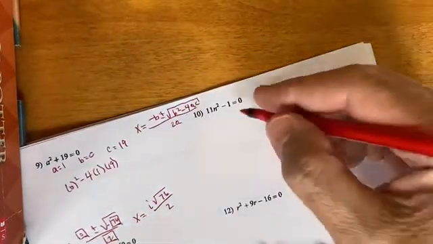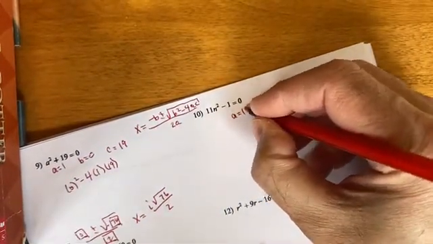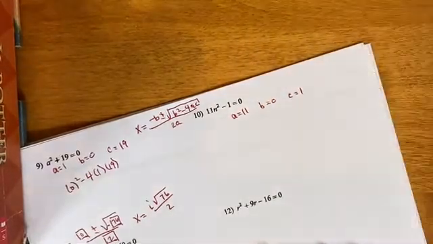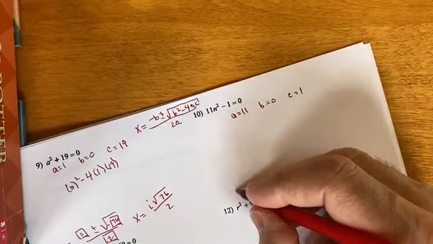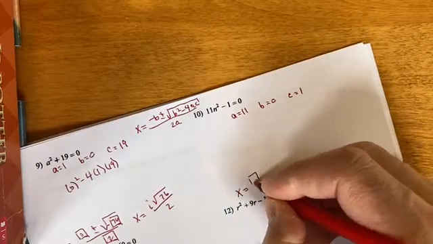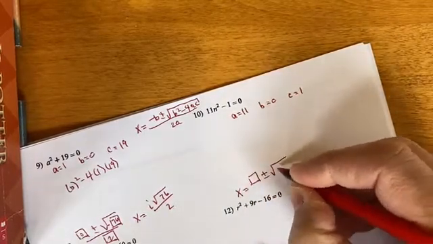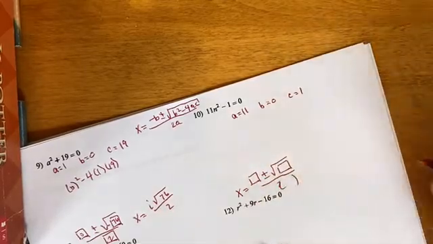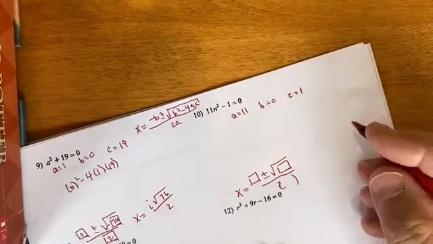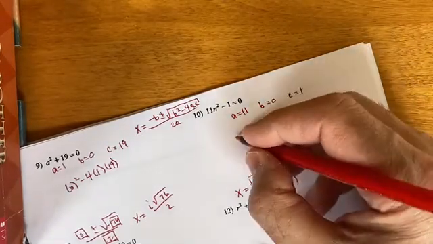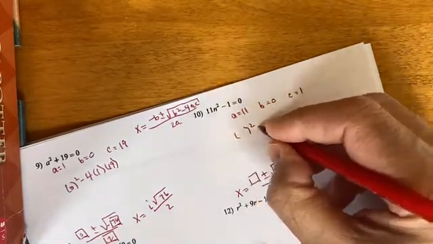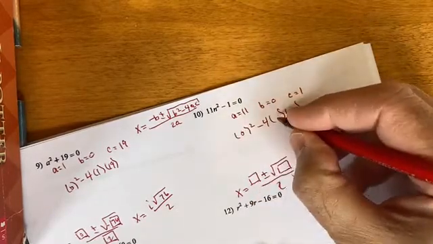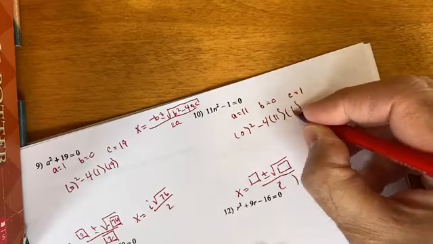For 10, similar. A is 11, B is 0, C is 1. So x is some number plus or minus the square root of some number all over some number. B squared minus 4ac. B is 0, A is 11, C is 1.